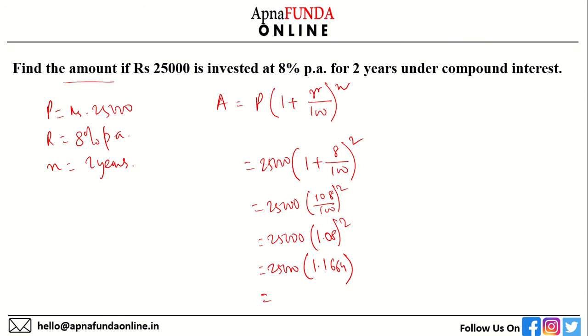So when you multiply this, your answer will be 29,160. So this is the amount. This is my answer. Easy question to start with on compound interest. An important question. You just need to be very fast in calculations. If you are having some trouble, do manual calculations, but ensure that you solve such questions fast.